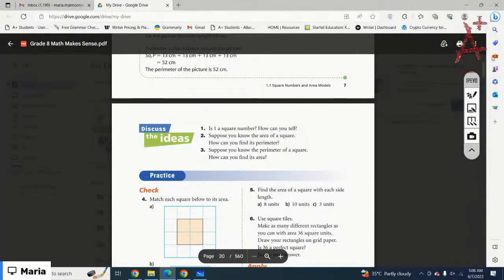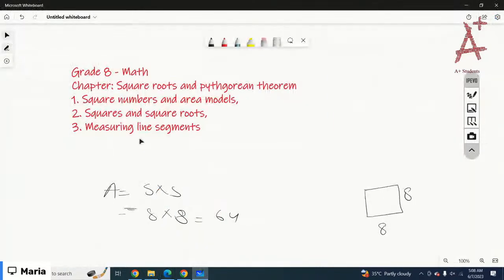The next one is use square tiles. Make as many different rectangles as you can with area 36 units. Draw your rectangles on grid paper. Is 36 a perfect square? Justify your answer. So basically you have to make different rectangles that have the area 36 units. You can make the rectangle have opposite sides equal in length. Got it?